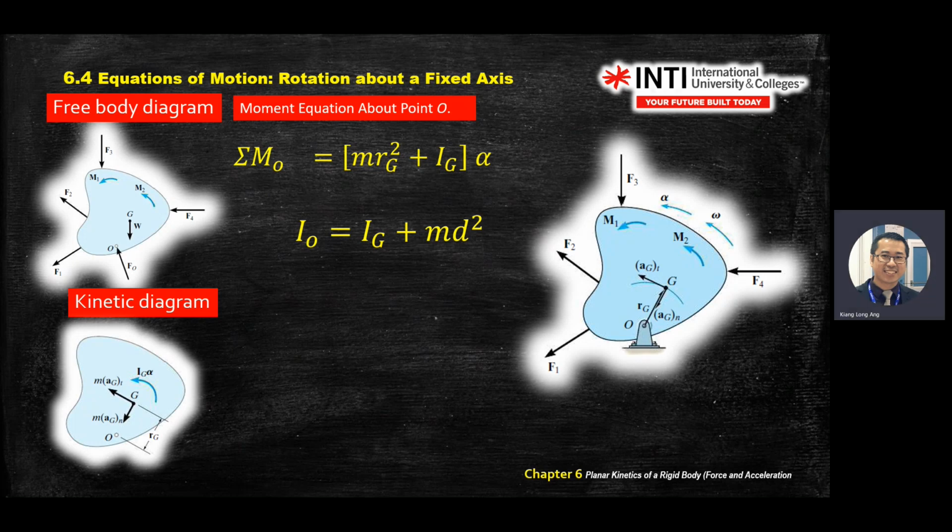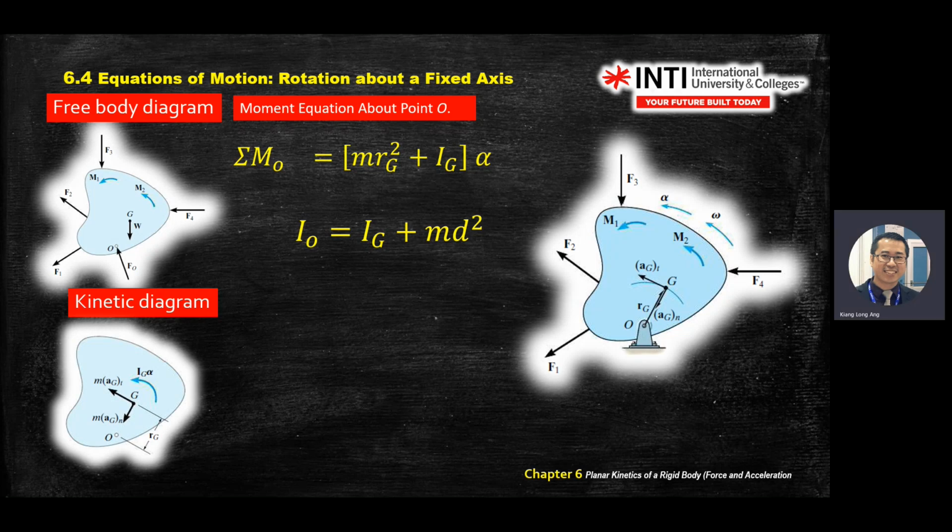You need to consider the mass at the center of mass, m Rg squared plus Ig. You need to add this one, compared to the gravitational point. And IO equals Ig plus m d squared.